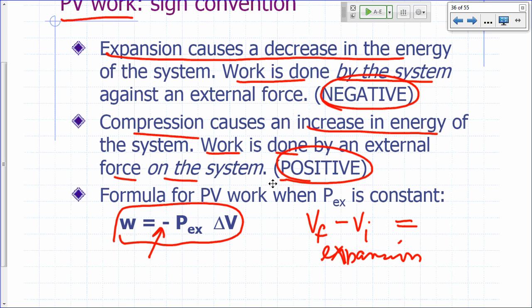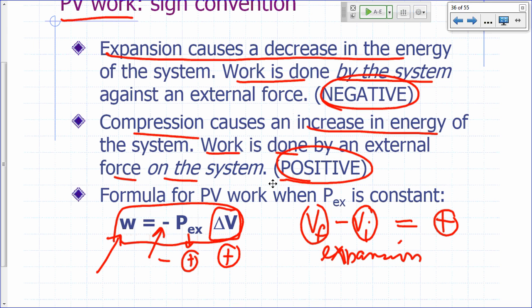Final volume is higher than the initial volume. So this number is bigger than the number you're subtracting. So that's positive, right? So if your delta V is positive, and pressure is always a positive number, then a negative times a positive times a positive will give you a negative value for work.